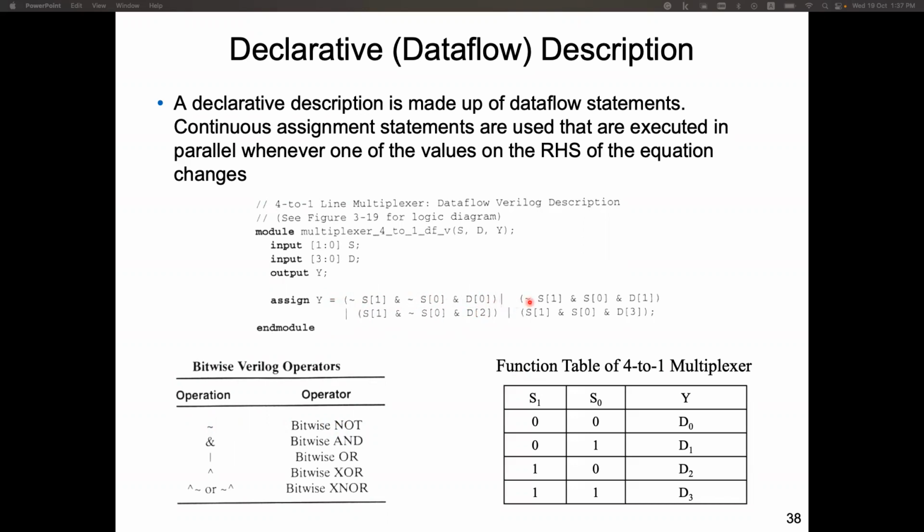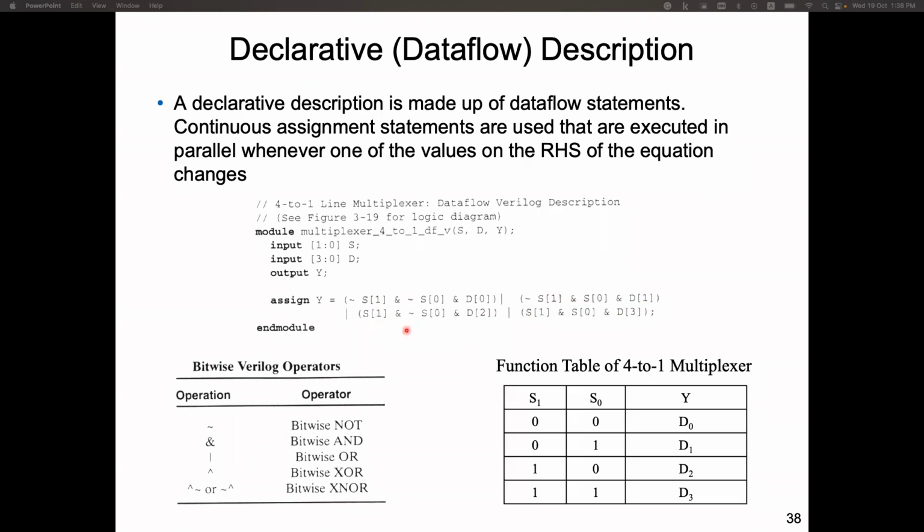Or the second case, if the selection is 0, 1, we pass D1 to Y. If this first part is true, then it's 1 and D1, which means you pass D1 to the output.